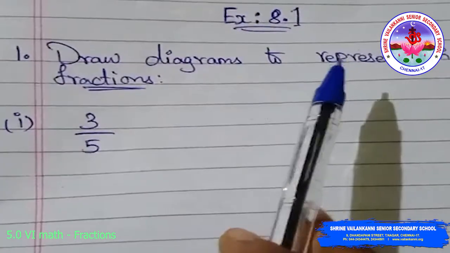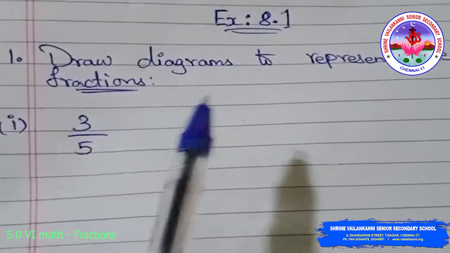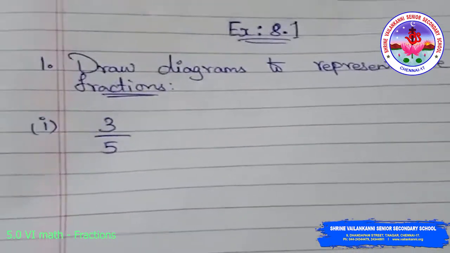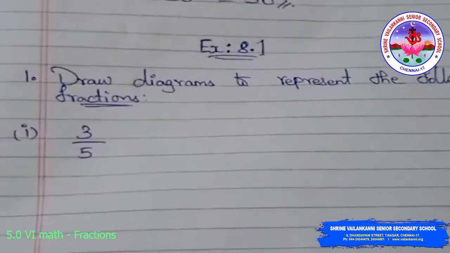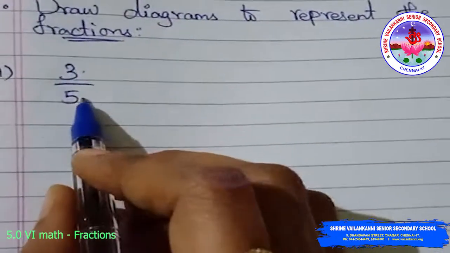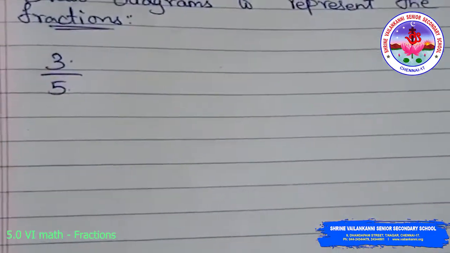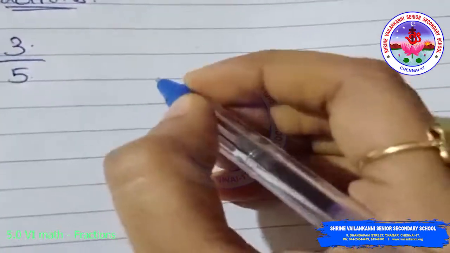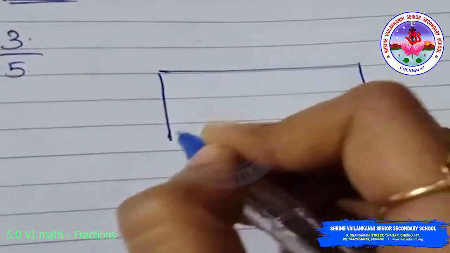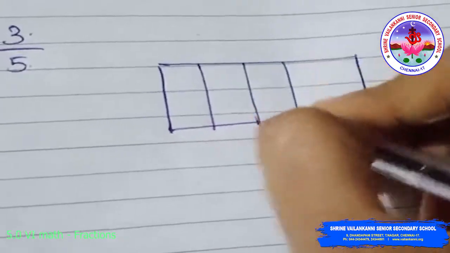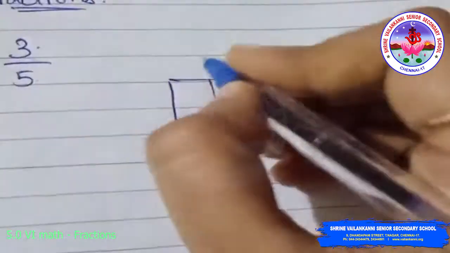Exercise 8.1. First question, draw diagrams to represent the following fractions. The first question is 3 by 5. First, here 3 is the numerator, 5 is the denominator. First, draw the 5 parts of a diagram. 1, 2, 3, 4 and 5.